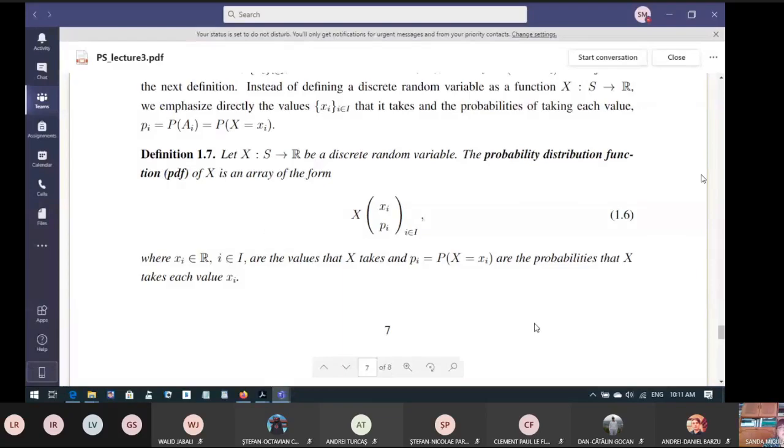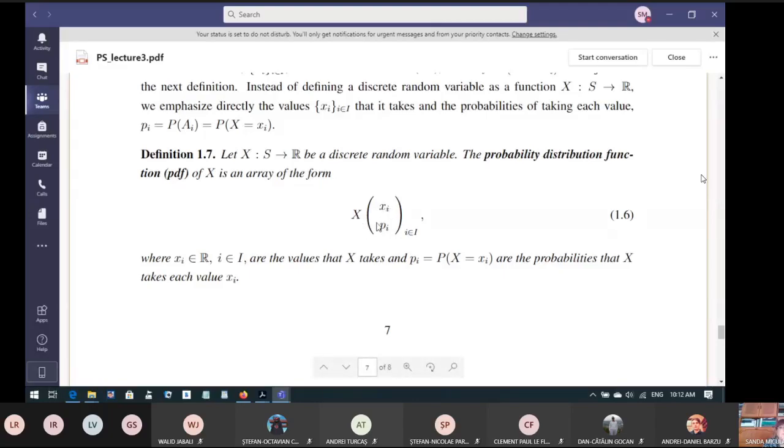PDF, probability distribution function, or probability density function, would be the same thing. What is this? This is simply a way of giving us all the information about a random variable. What information is that? The values that it takes, right? Being discrete, that means we can list them somehow, as in either list all of them, if it's a finite set, or list a rule.